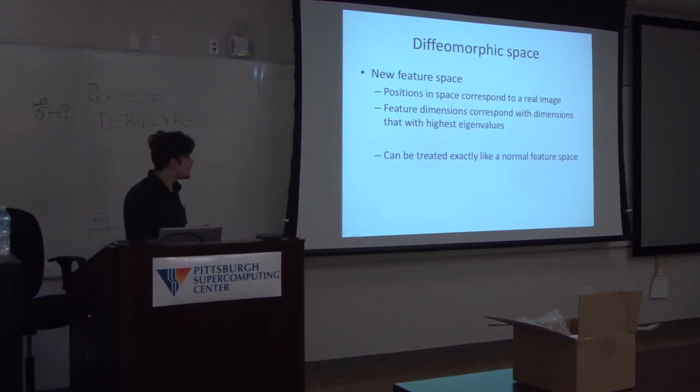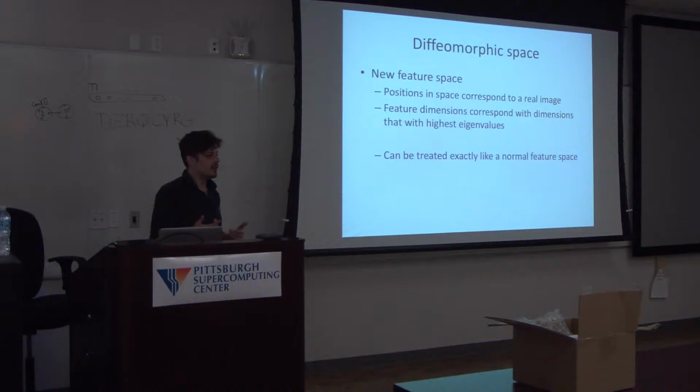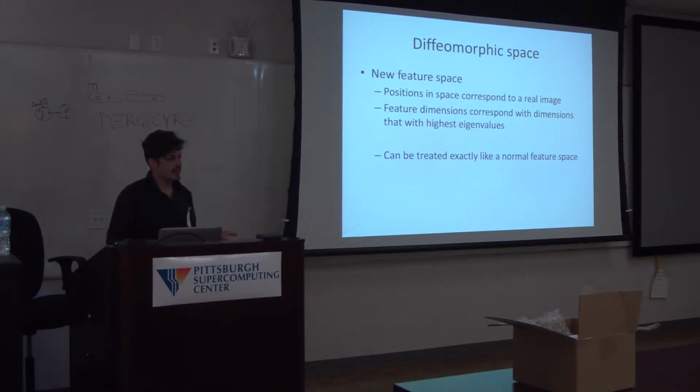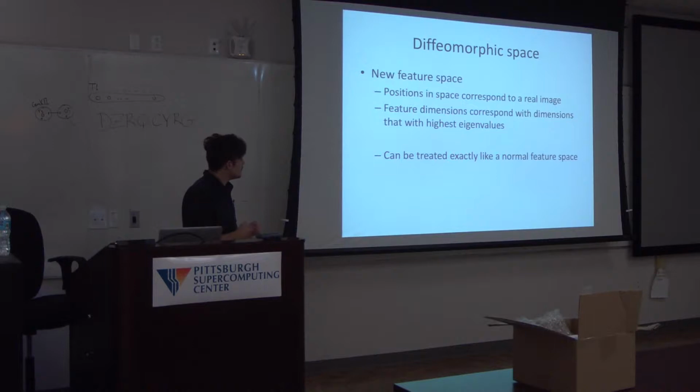So I guess to wrap this up, a diffeomorphic shape space is a feature representation of cells in your population, where any position in that space corresponds to a real image. And this is particularly useful because images are generally very, very high dimensionality data, as many dimensions as you have pixels.